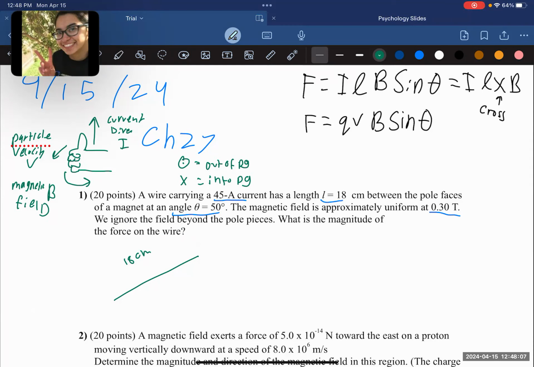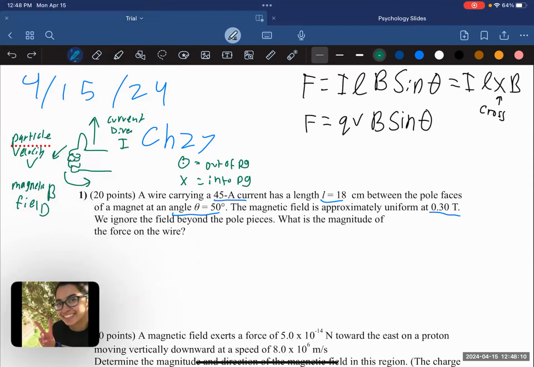Let me draw this straight up and down. And then we're asking the magnitude of the force on the wire. Oh, okay, I don't think you need to draw for this one, because it's asking for just the magnitude of force, not the direction of force. So that means we can just use one of these up here.